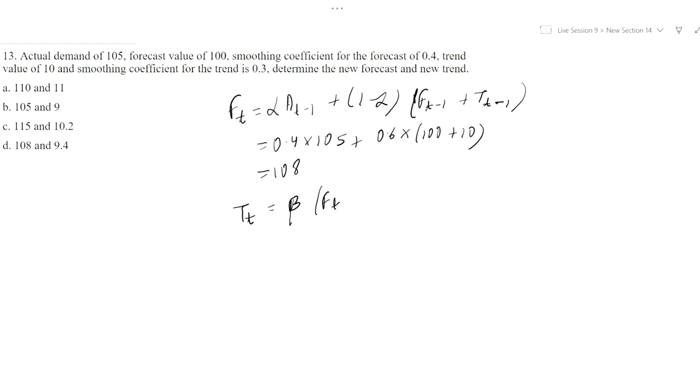Here we know the smoothing coefficient for the forecast and for the trend are given. So first we find the forecast using the smoothing coefficient for the forecast, and next we find the new trend using the smoothing coefficient for the trend.